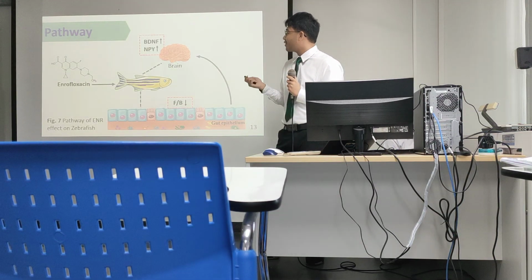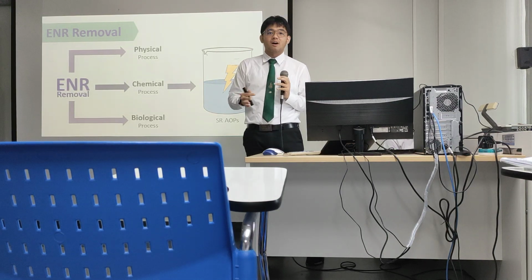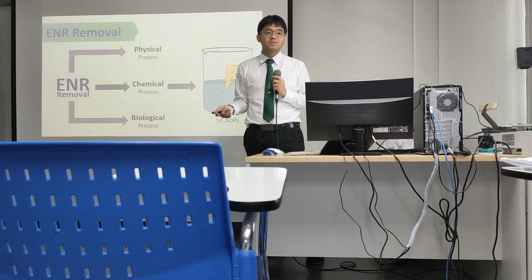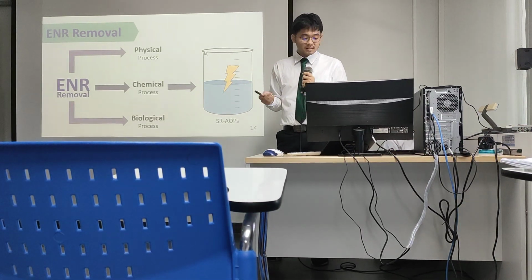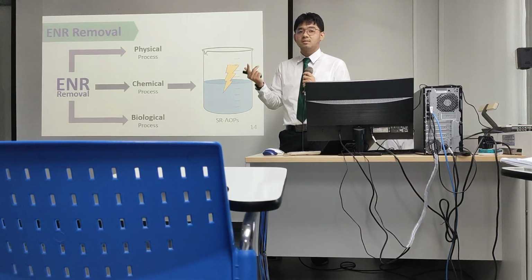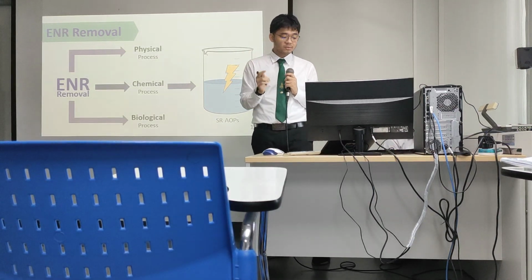So when we know the effect on aquatic animals, we have to prevent it. There are many ways to prevent it, physical processes and biological processes, but today I will introduce a chemical process.